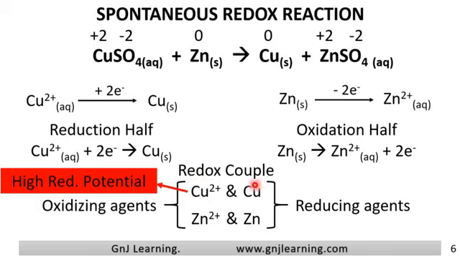Now if you look into the reducing agents, which among them is the good reducing agent? If you look into the reaction, it's clear Zn is the one that helped Cu2+ to get reduced. So this is called the reducing agent. The other reducing agent is copper. Copper remained in the solution when the products are formed. That means which one has higher ability to act as a reducing agent? It is zinc.